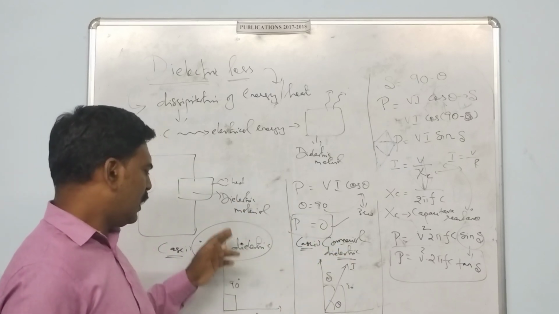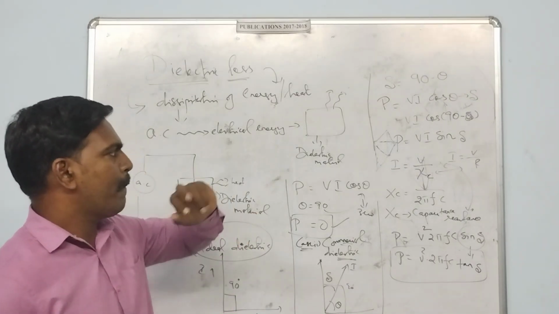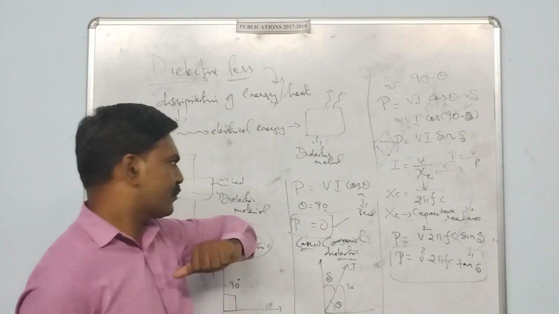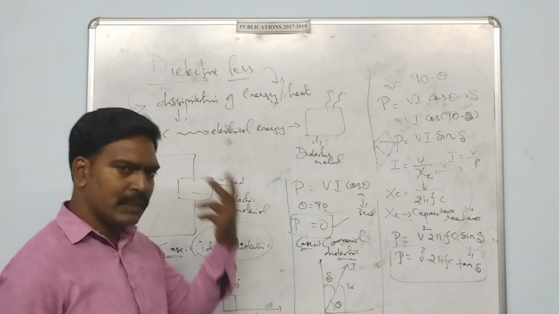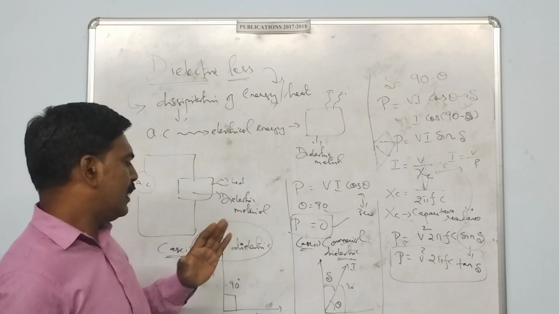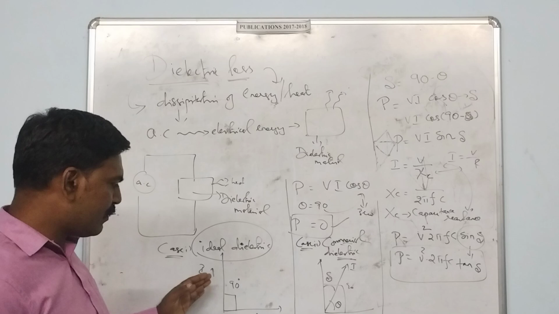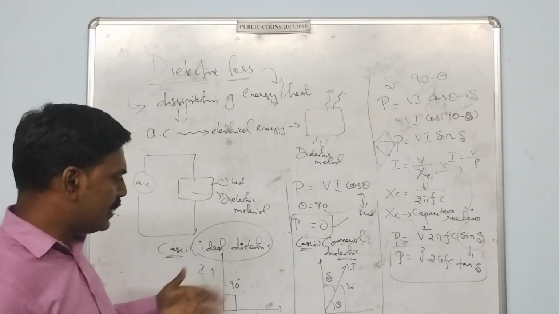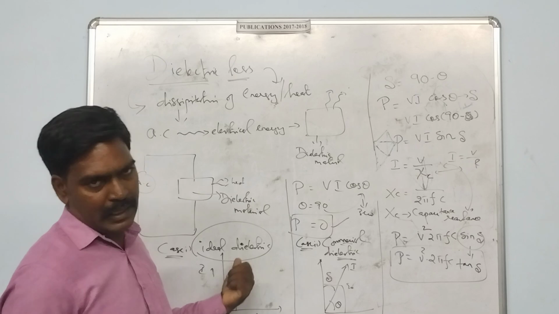As we know, when we use the ideal dielectric, we get P equal to 0, which reveals that no dielectric loss is created in the ideal dielectric. We can also visualize with the help of the phasor diagram that no loss is created in the ideal dielectric.